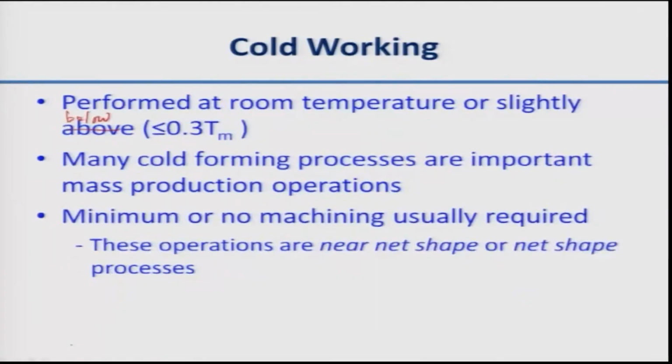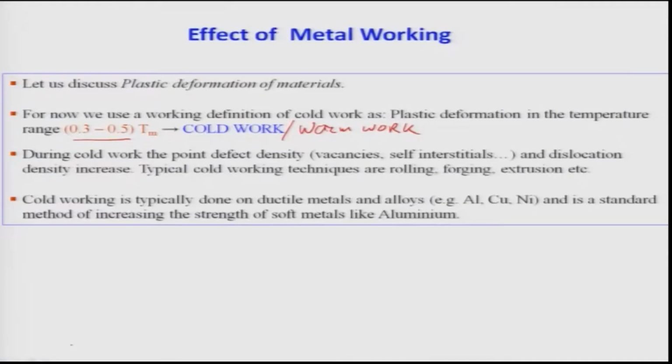But especially during cold working, a sufficient amount of strain energy is stored in the material, and this cold working leads to an increase in point defects, dislocation density, twinning and many other things, and that's why cold working is typically done in ductile metals, because it is easy to deform these materials at lower temperatures.